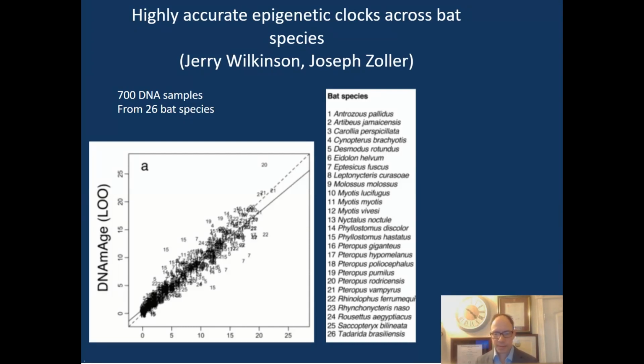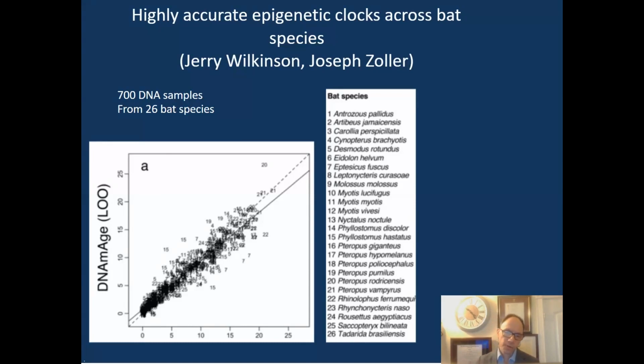And what you see is a very high correlation between the estimated value of age on the y-axis and chronologic age. And the dots are labeled by the bat species. So it's really remarkable that you can have one clock, one epigenetic age estimator, one mathematical formula that allows you to measure the ages of all of these different bat species.